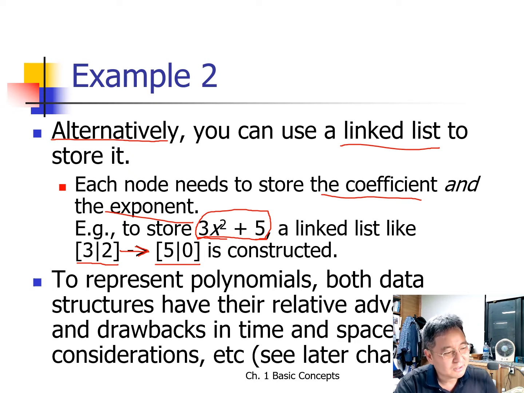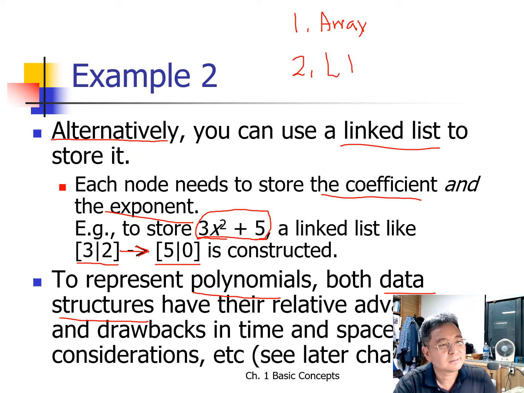Okay, so to represent the polynomials, we have both data structures. What are both data structures? The first one is an array, to store every coefficient of the polynomial, and the second one is a linked list. Both data structures have their relative advantages and drawbacks in time and space considerations.